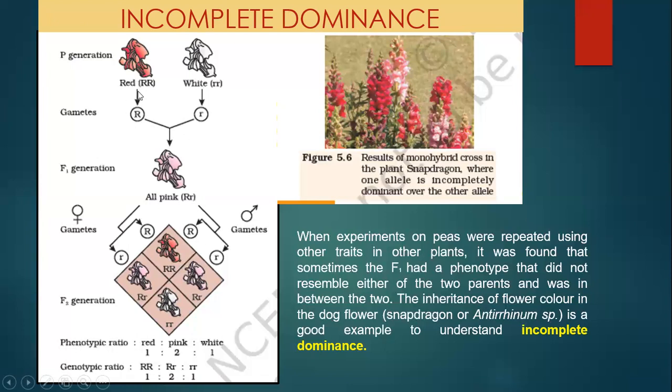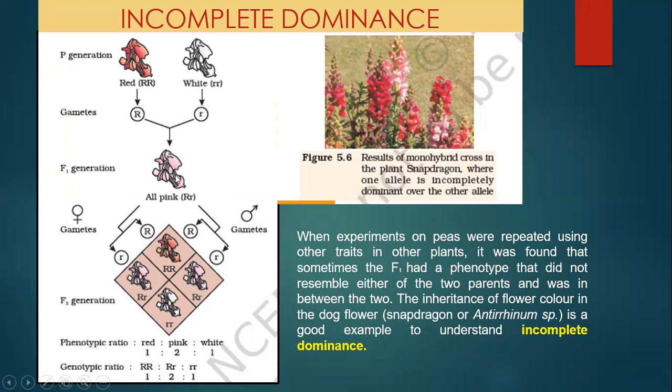Red color flowers. The cross was done exactly similarly to that of Mendel. First, cross fertilization was done, and then selfing was done. When cross fertilization was done, a homozygous snapdragon flower with red color was taken and a white flower homozygous for the trait was taken, and the F1 progeny obtained was neither red nor white.